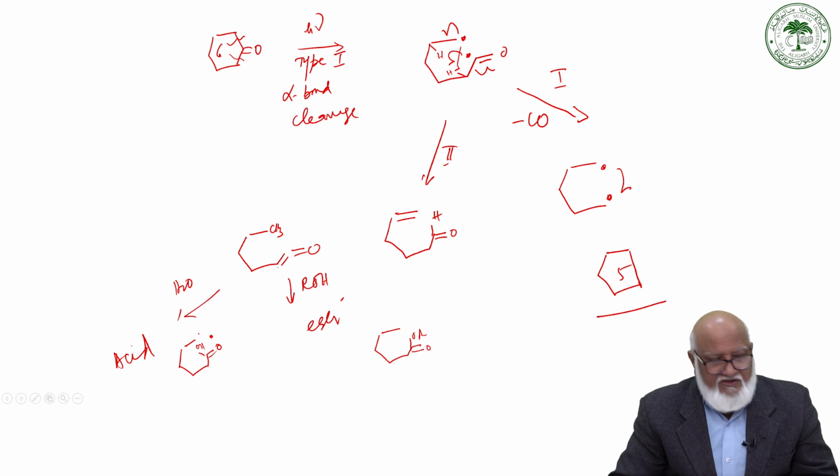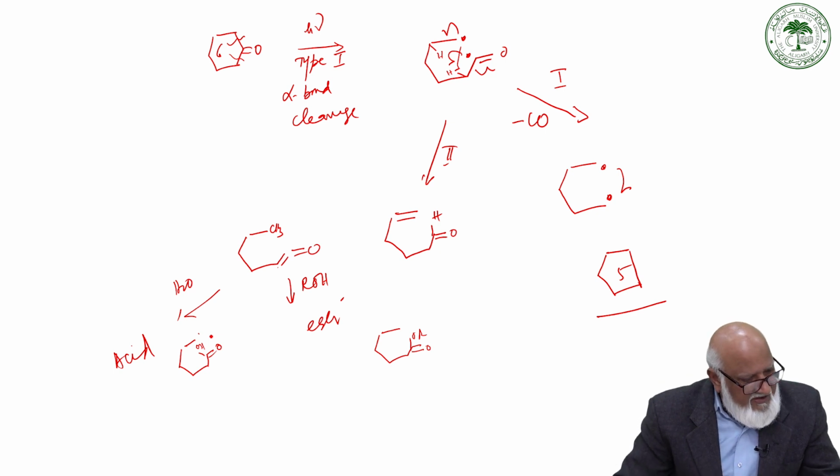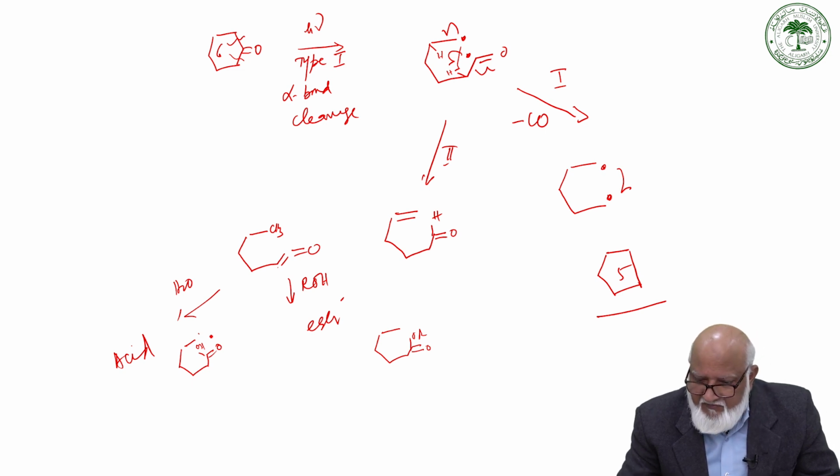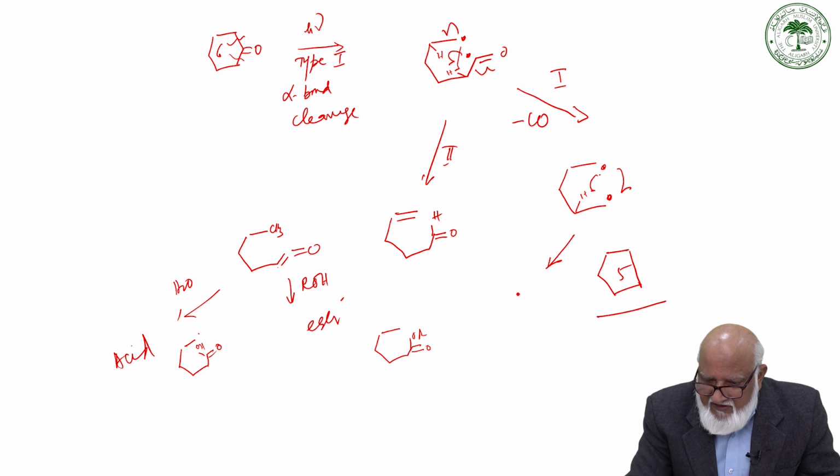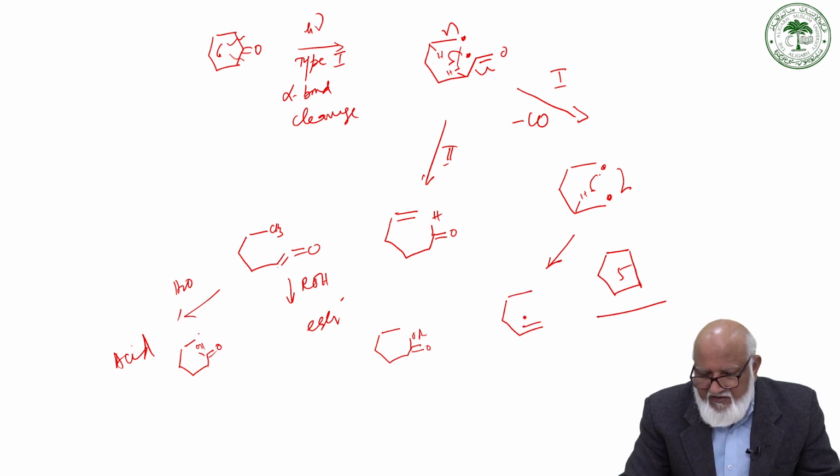Okay, so these are the possible products. There is also a possibility of an open chain ene, so if this abstracts a hydrogen atom from here, then it may lead to this particular ene.